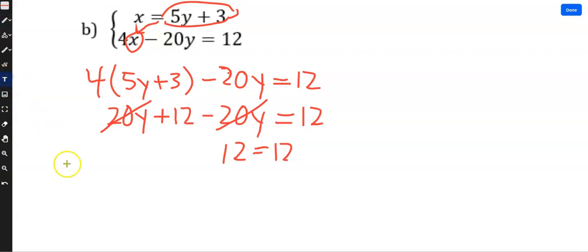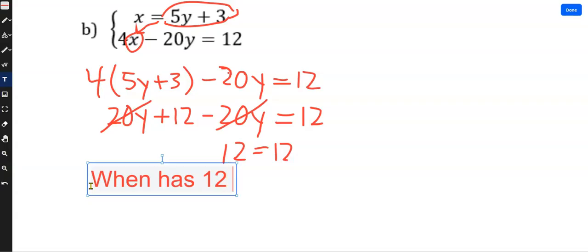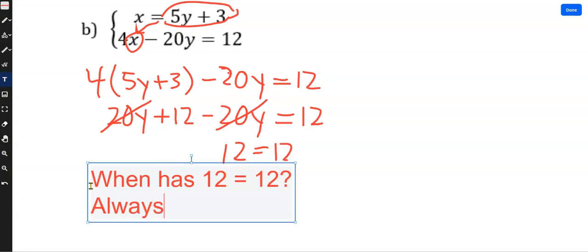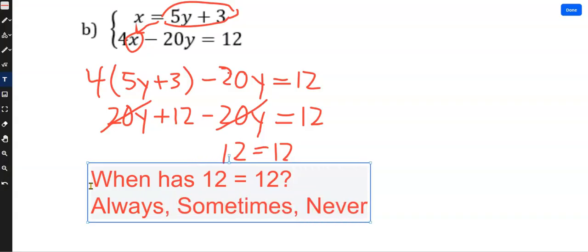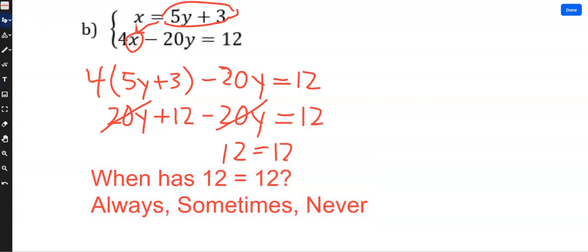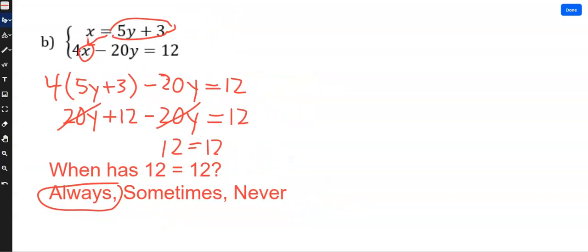Okay, same question. When has 12 ever been equal to 12? Choices are always, sometimes, or never. And of course, we know the answer to that question, always. So, what does that mean?